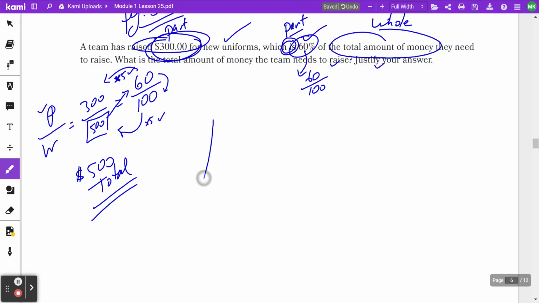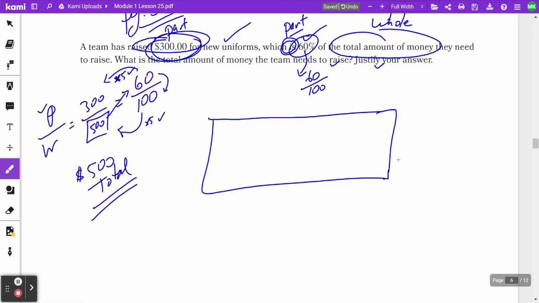Fine, but now let's check out the tape diagram portion of this. Okay, I love doing these. These are kind of fun. So it says 300 is 60%. Okay, now, quickest way for me to show 60% on this, I could actually split this into 20s, right? So if I had a 20, 40, let's see, 20, 40, 60, 80, and 100, right?